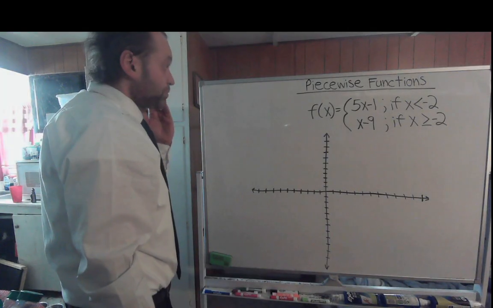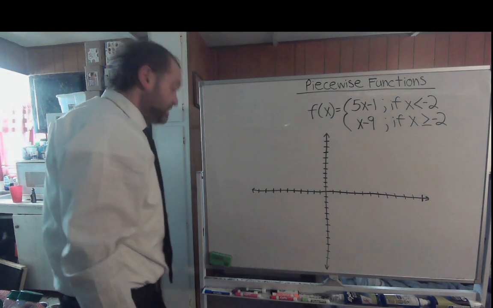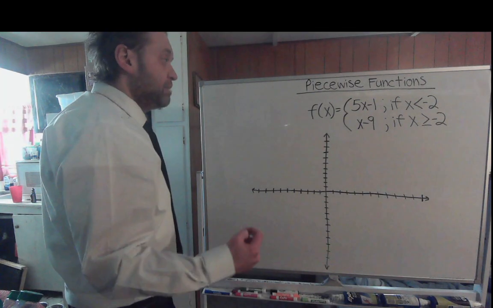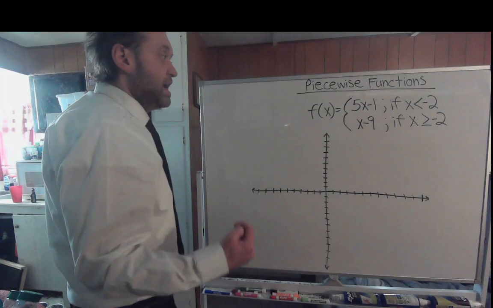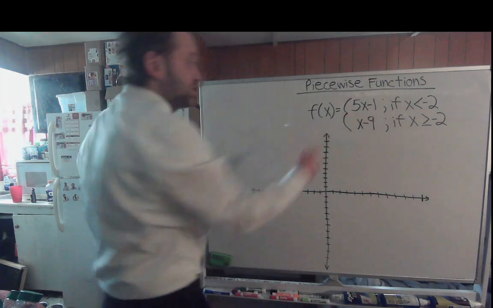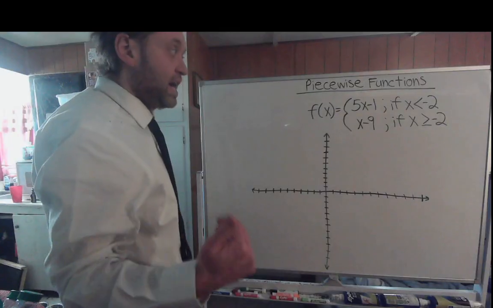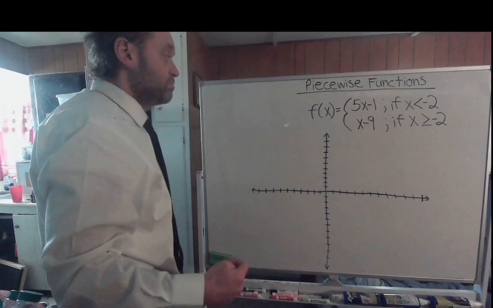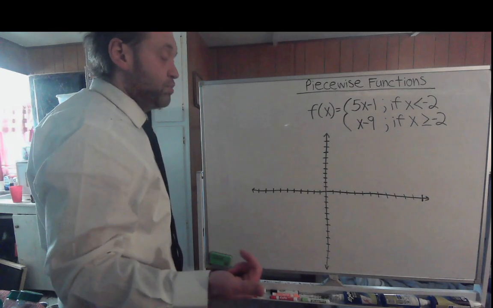So what we need to do here is plot a couple of points and graph the first part of this, because you can get some weird graphs for piecewise functions. But in order to graph, we need to plot points.